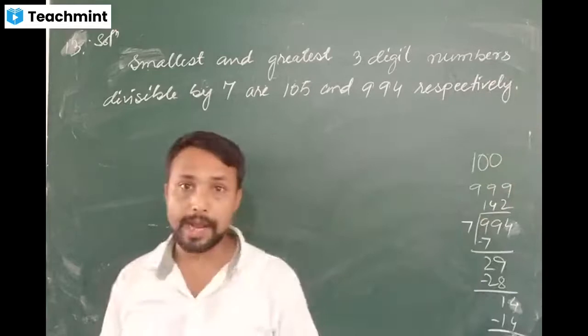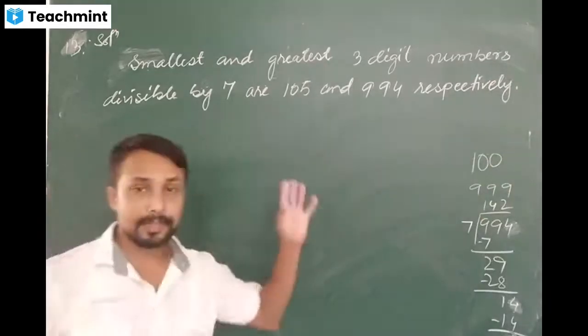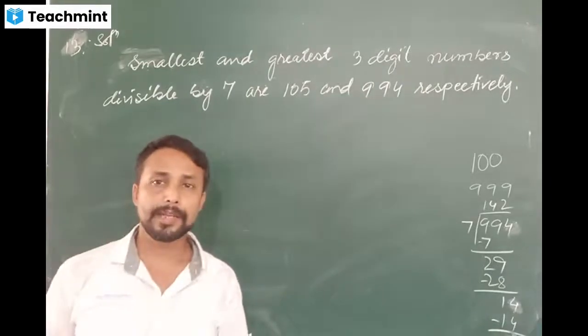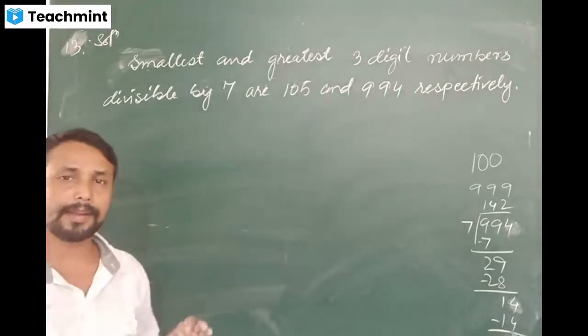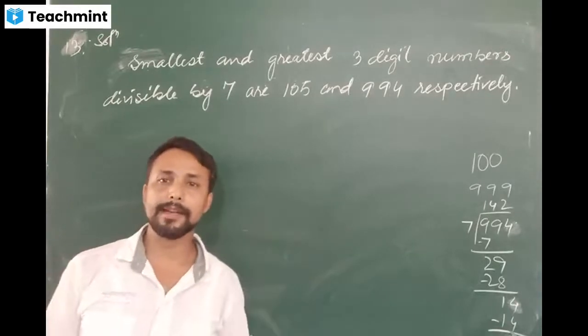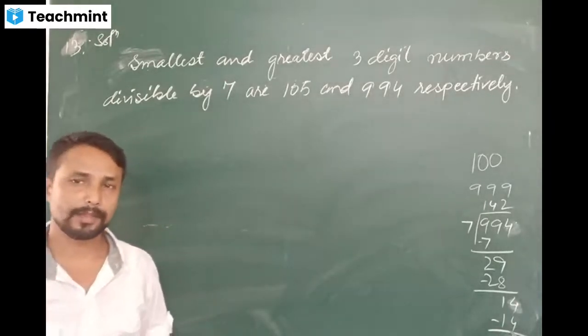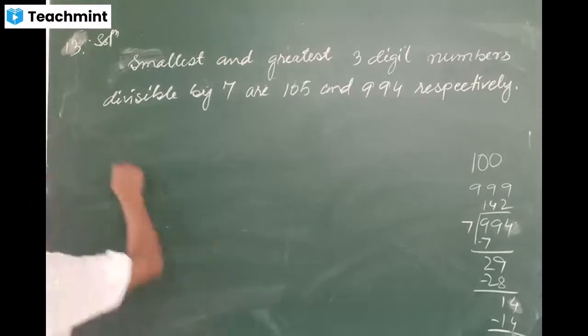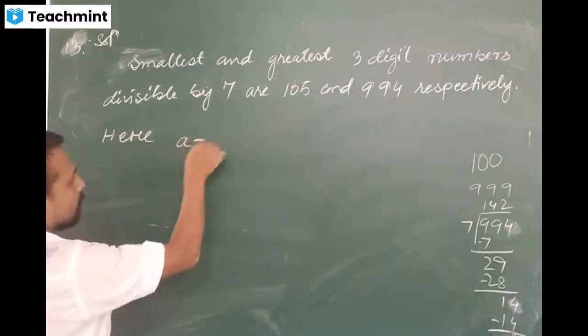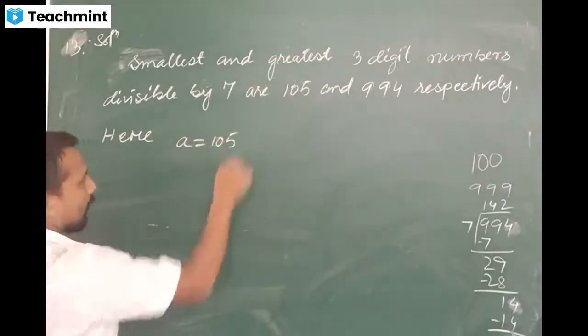So we found that the smallest and the greatest three-digit numbers divisible by 7 are 105 and 994 respectively. The smallest number is the first term, a equals 105.